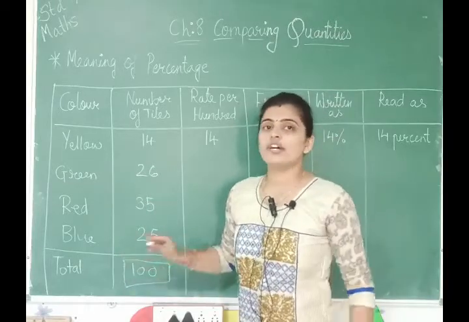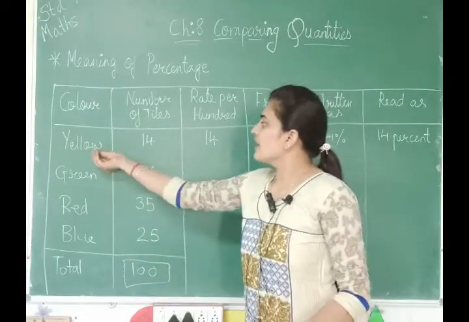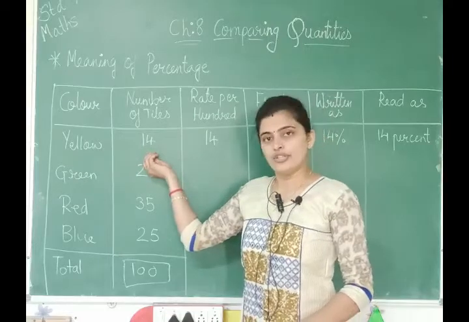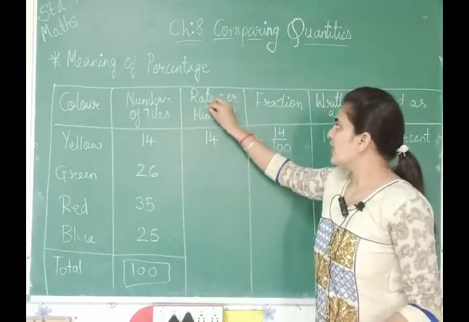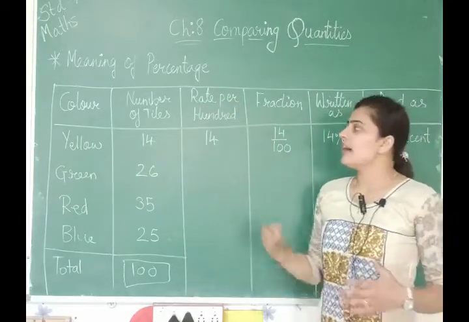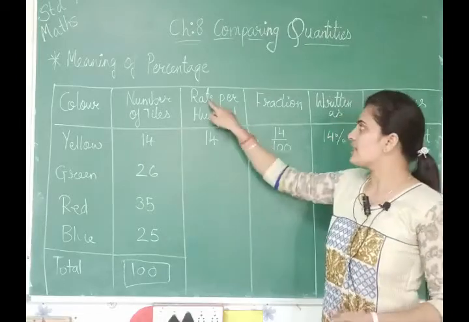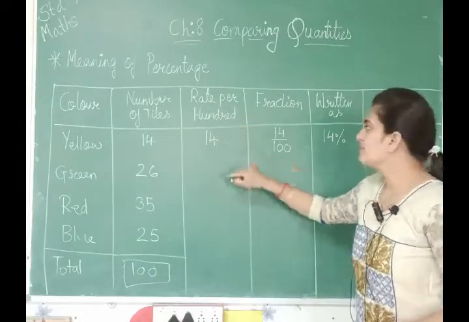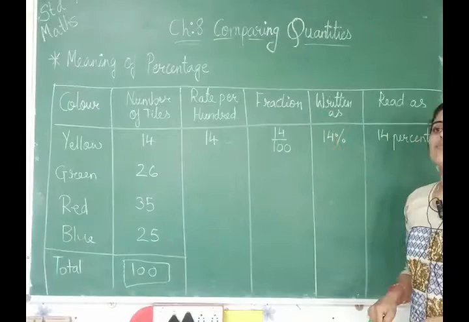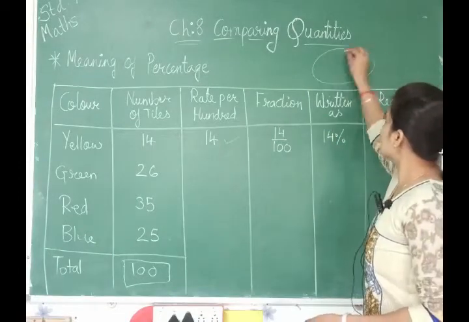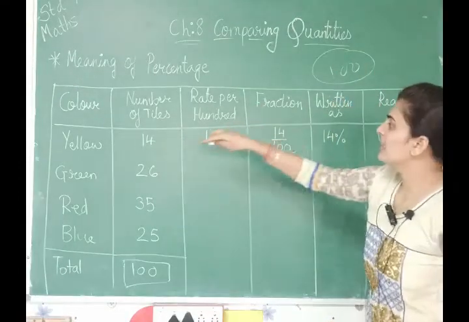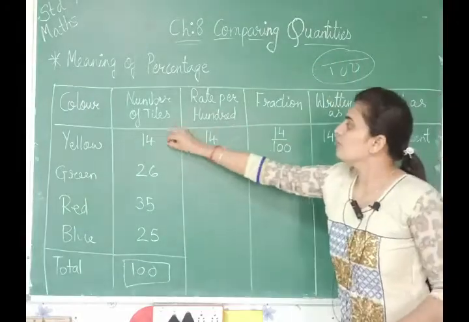That means out of 100 tiles, how many are yellow? 14.